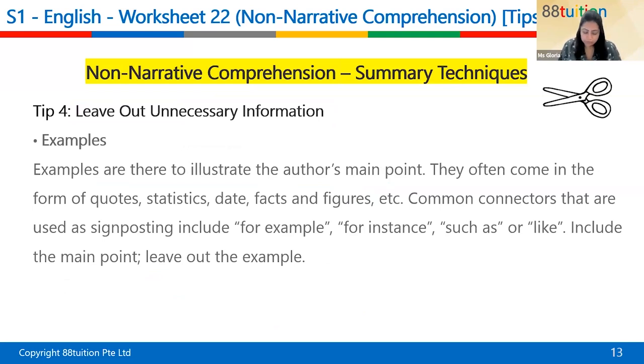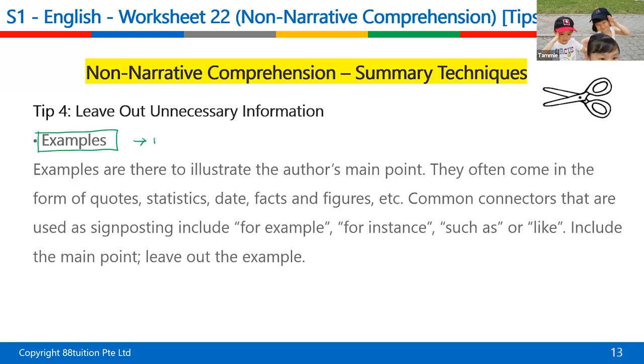Tammy, continue this. Tip 4. Leave out examples. Examples are used to illustrate the author's main point. They often come in the form of quotes, statistics, dates, facts, and figures, etc. Common connectors that are used as signposting include for example, for instance, such as, or like.